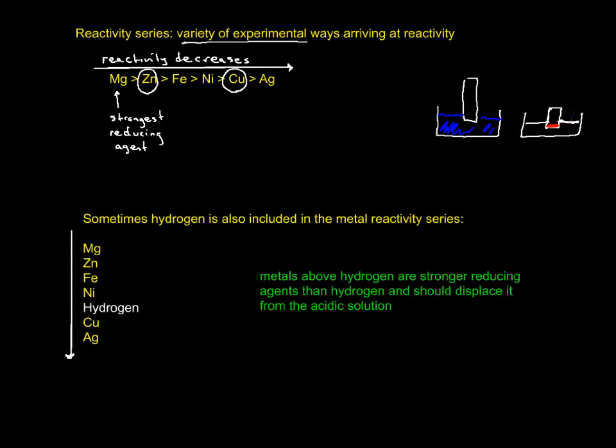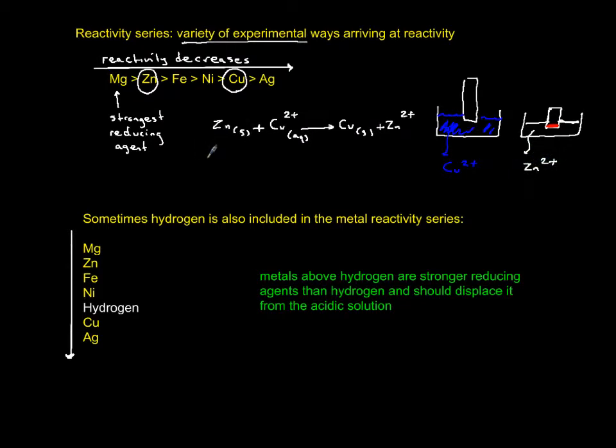Now this indicates that the reaction is zinc solid with copper 2+, copper sulfate, copper nitrate, aqueous, and it's going to displace it out, and copper comes out as solid and zinc goes into the solution 2+. So here we had Cu2+, and now here in this solution we have Zn2+.